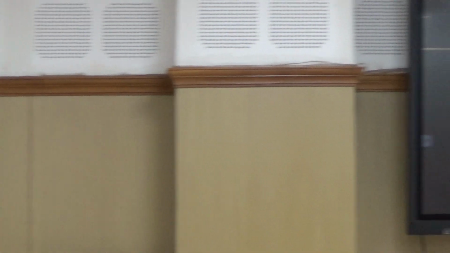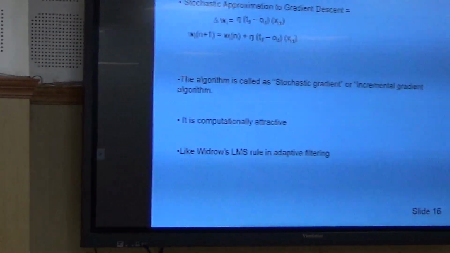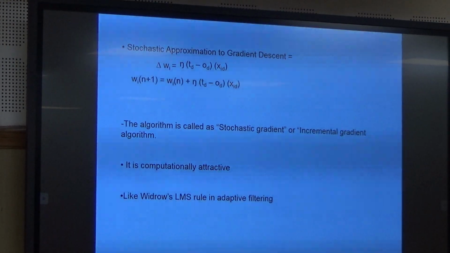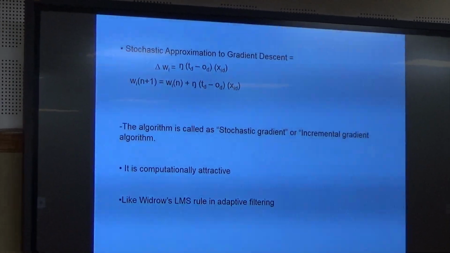Every time you change the weights, you have to use all the training patterns. So people have spent a lot of time working on this problem, and they came out with stochastic approximation to gradient descent. Stochastic gradient or incremental gradient.